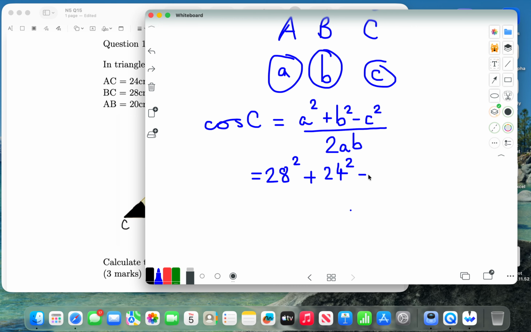C is 20 squared. Divided by 2 times 28 times 24.